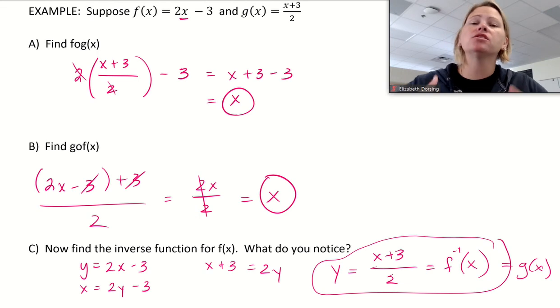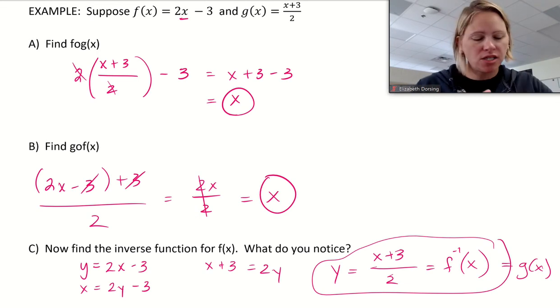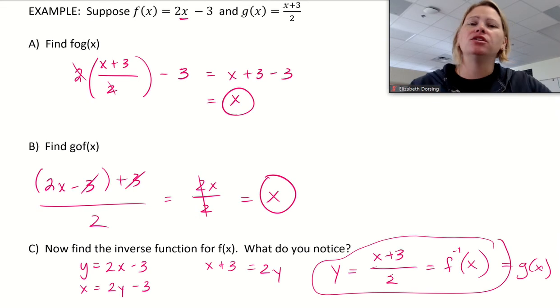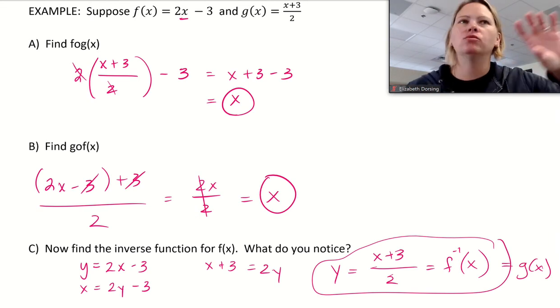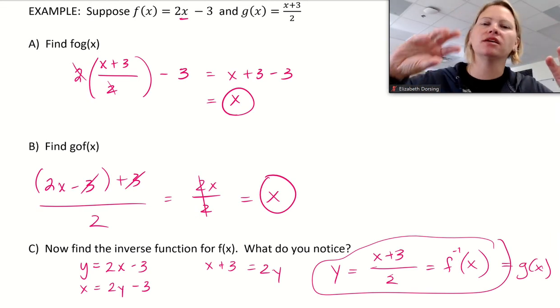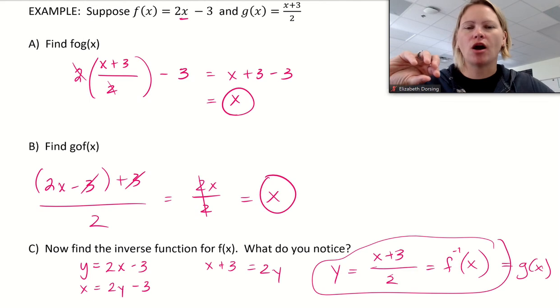Because remember, inverses undo. The other way to think about it too is that by finding the inverse function, remember you're saying y equals. So previously, when you had y equals, the equation represents what you're going to get in your range. The inputs are the x's. What the equation gives you are your outputs.